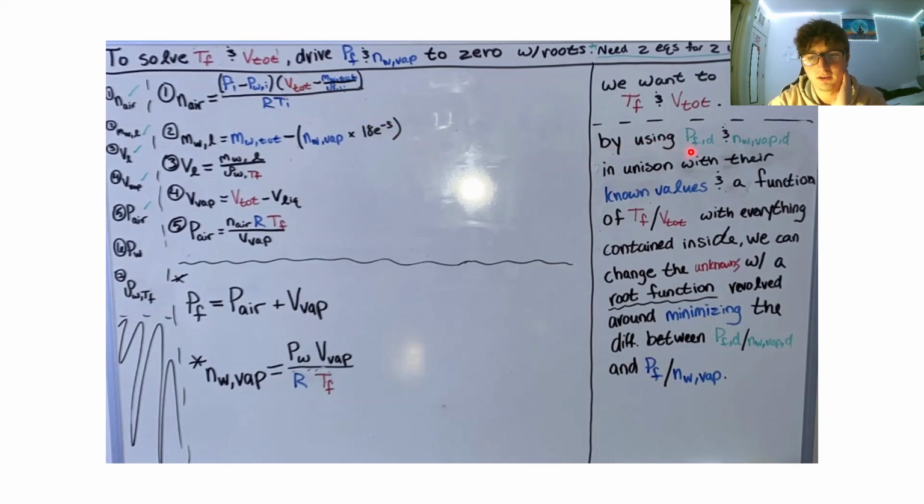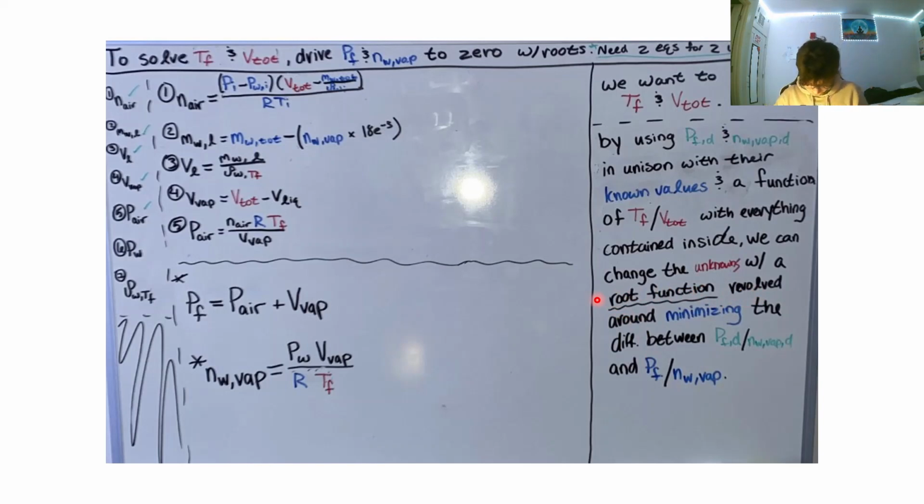So by using the desireds for final pressure and moles of water vapor in unison with their known values, and a function of these two unknowns with all of these equations contained inside of the function, we can change the unknowns by minimizing the difference between the desired numbers and their true actual constant number. We're going to do so by using a root function.